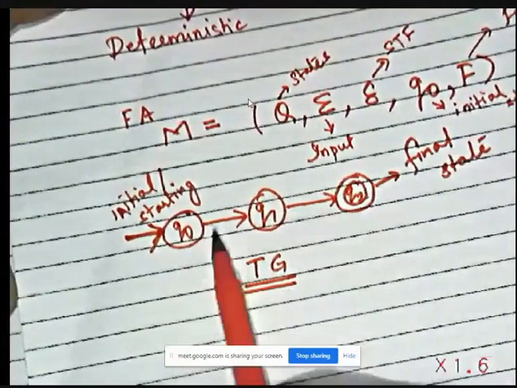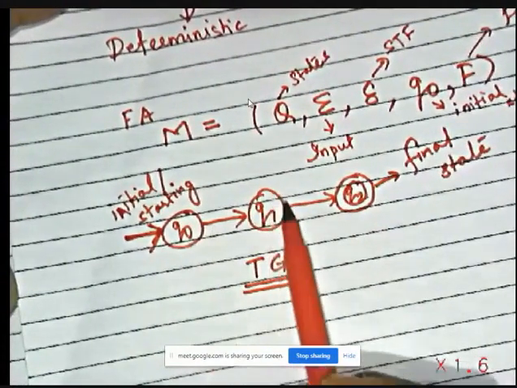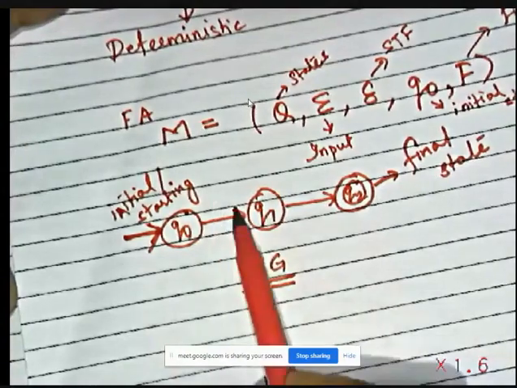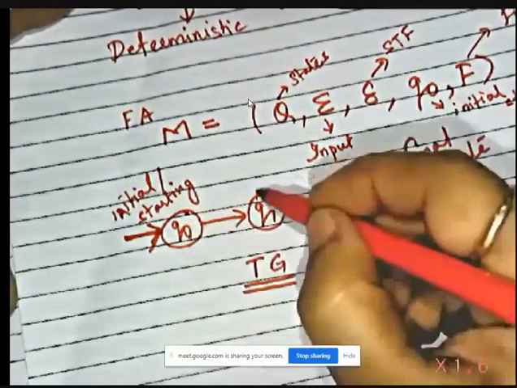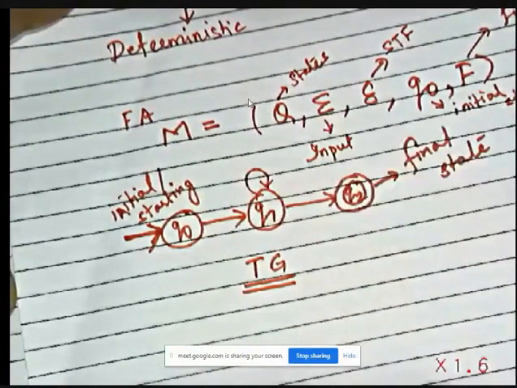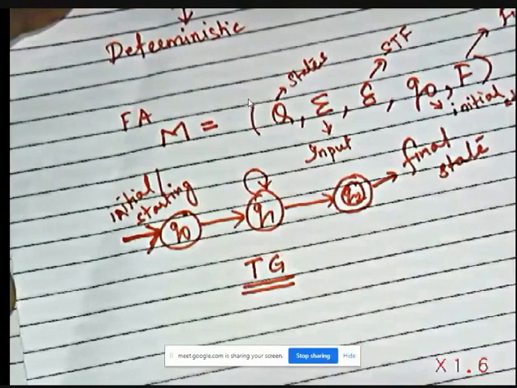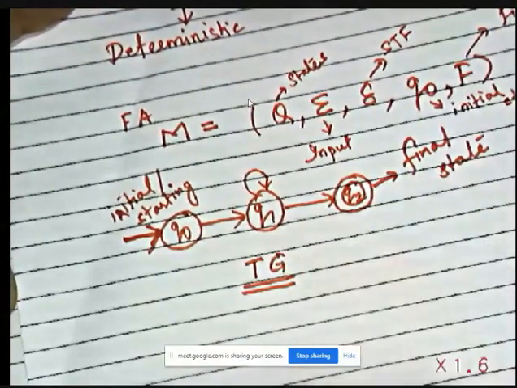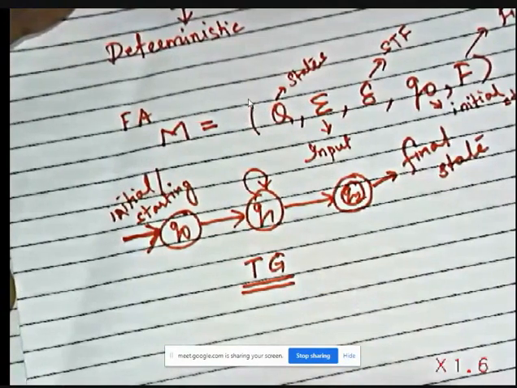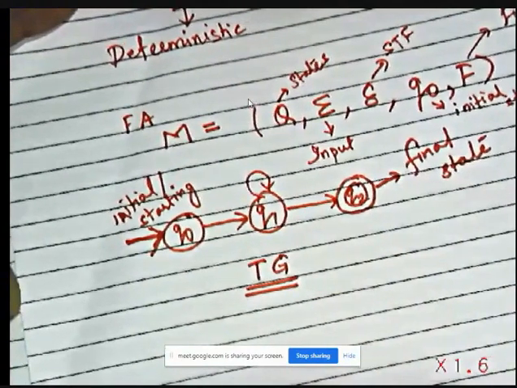In this transition graph there are states which are represented by circles, and there is an arrow. It may be a self arrow like this, or it can be an arrow from one state to another state.